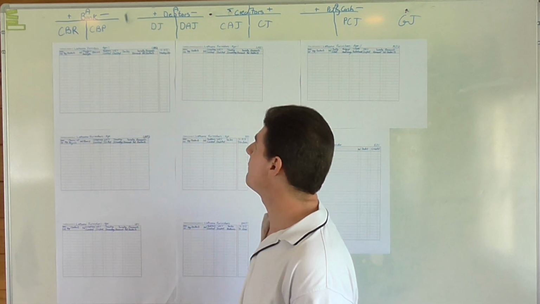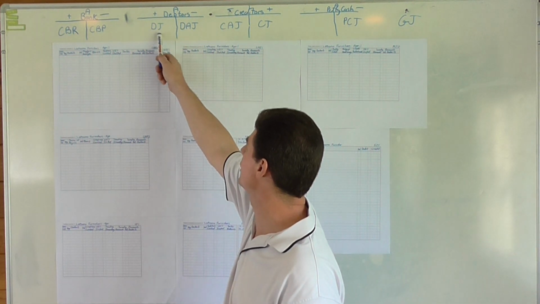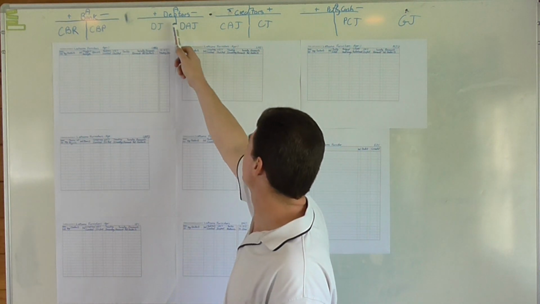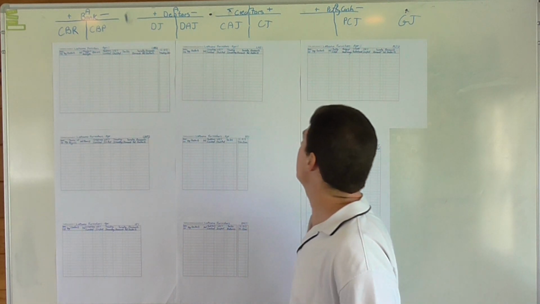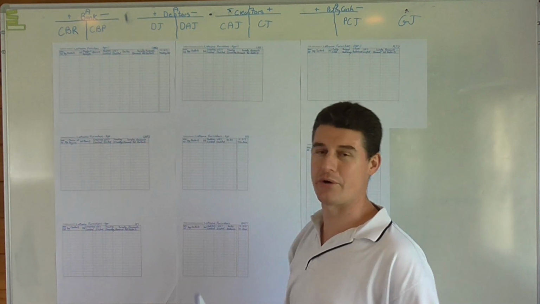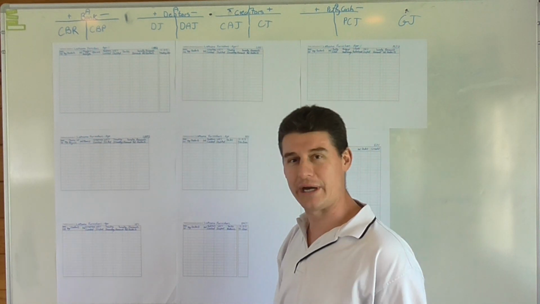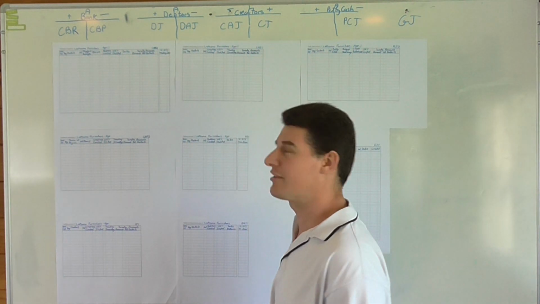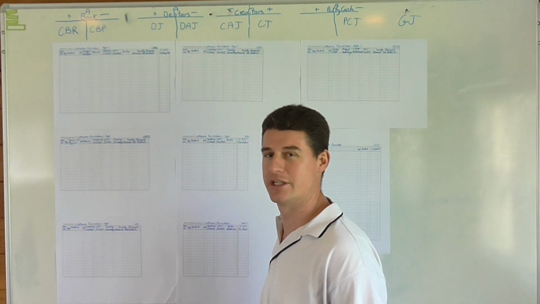The same goes with debtors. Whatever increases your debtors goes into the debtors journal. Whatever credits your debtors account goes into your debtors allowance journal. Then your creditors, whatever increases your creditors, which is on the credit side, goes into your creditors journal, and whichever decreases your creditors, which is on the debit side, goes into the creditors allowance journal.